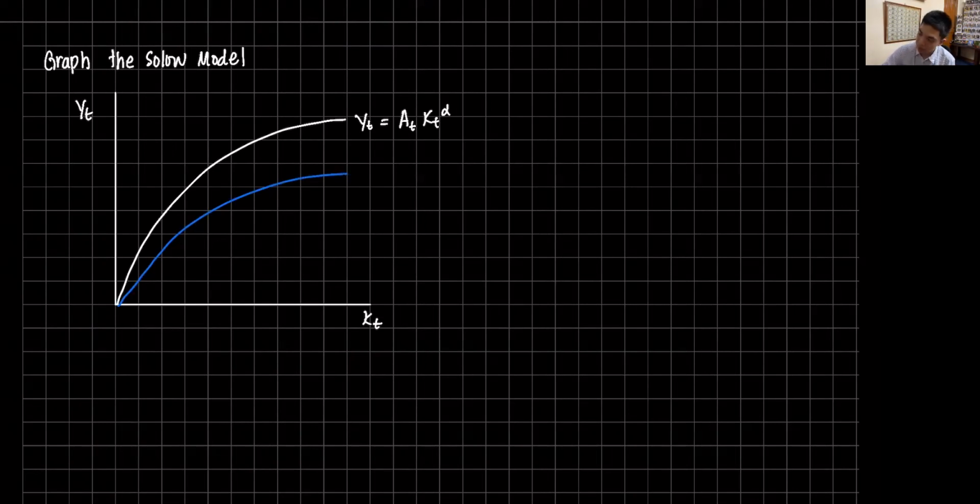So we have here It is equal to Kt plus 1 minus 1 minus delta Kt, our law of motion. And we have here our depreciated capital line somewhere here. That's delta Kt. So what we'll explain as we move on is that this intersection here represents our steady state capital, that's K star.